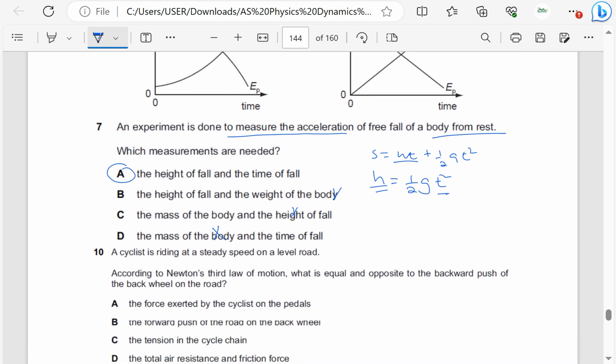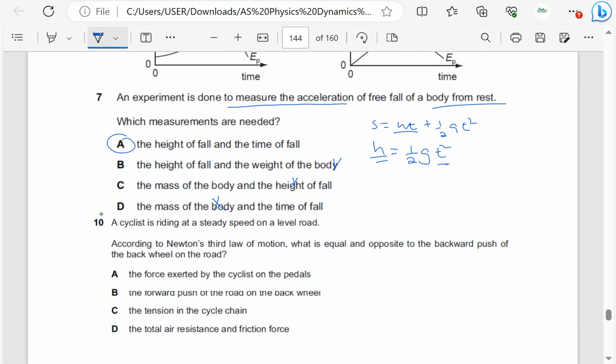And lastly, for this part 15, a cyclist is riding at a steady speed on a level road. According to Newton's third law, what is equal and opposite to the backward push of the back wheel on the road?